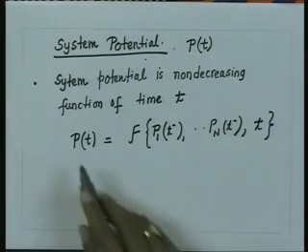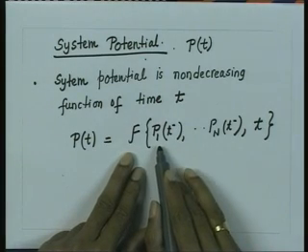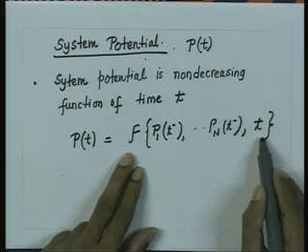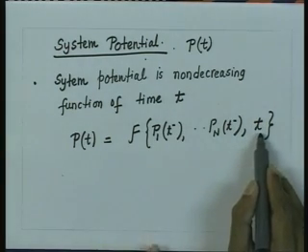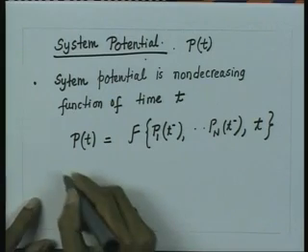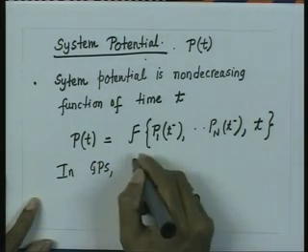So this is a non-decreasing function of time. At the same time, it's a function of the potentials of the different sessions just before time t and also the real time t.